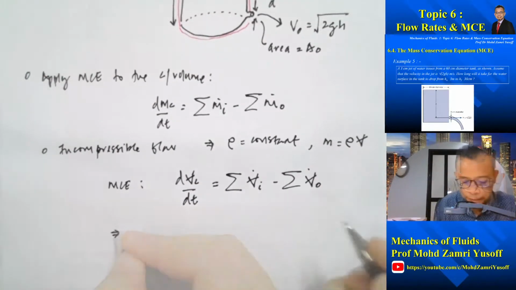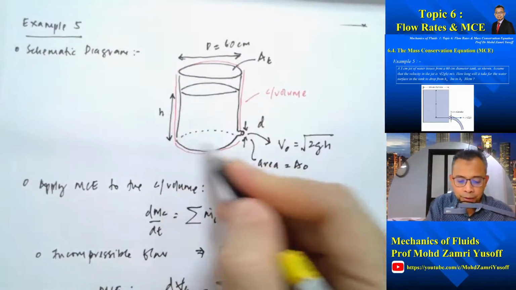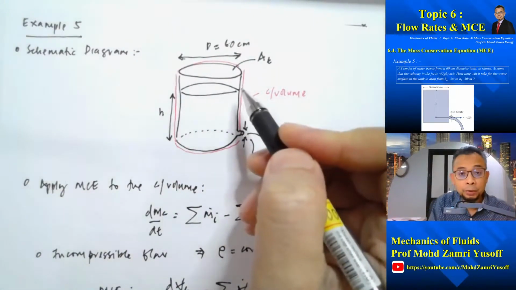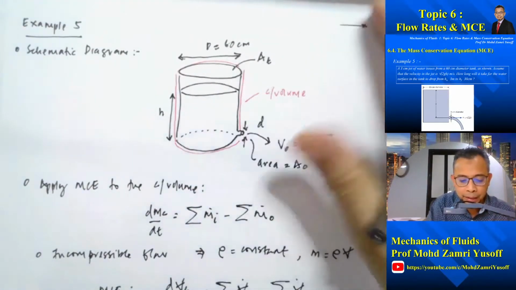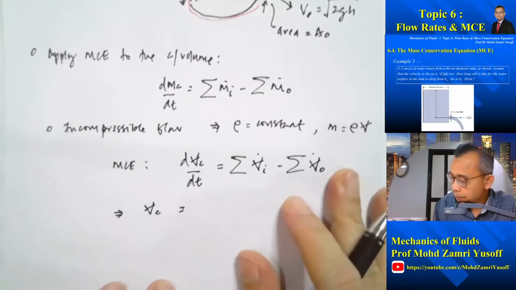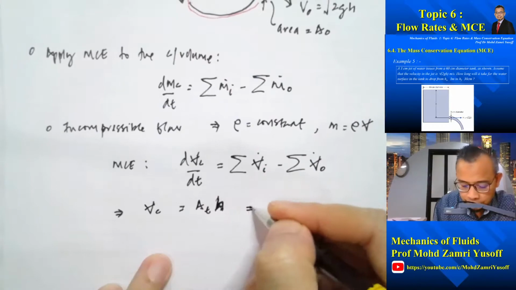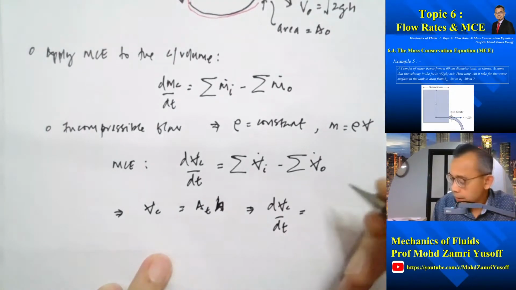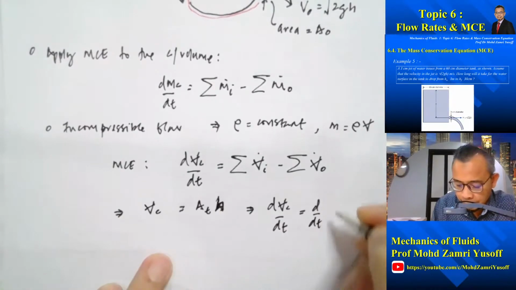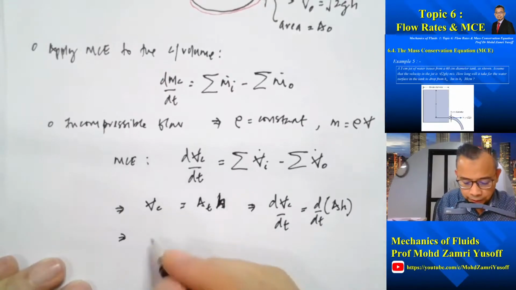First of all, let's consider the volume. The volume of water in the tank will be equal to the cross-sectional area of the tank, At, multiplied by the height h. This implies that the first term, dVc by dt, is equal to d by dt of At multiplied by h. Now what about the second term?